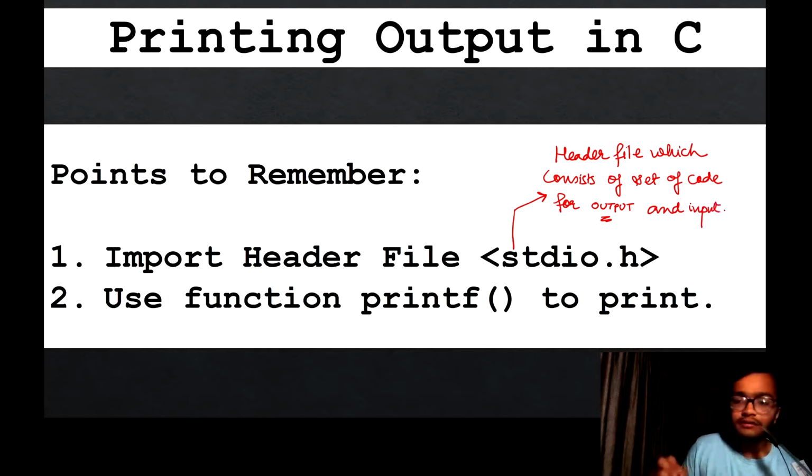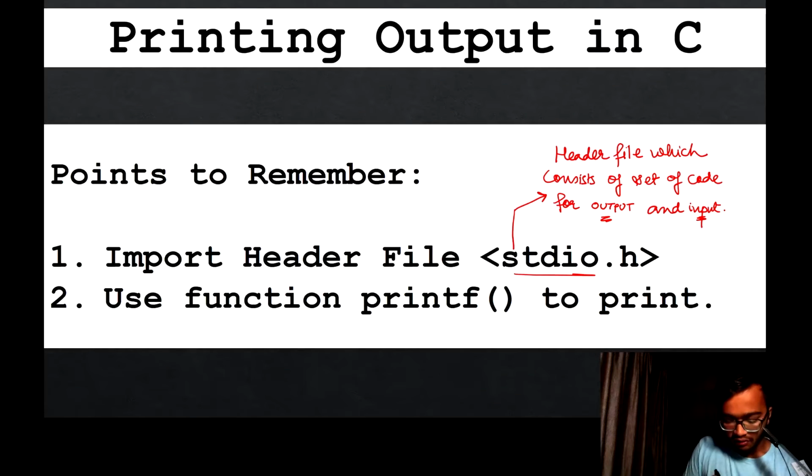When we learn how to take input in C, we are also going to import this same header file, that is stdio.h. So what is stdio.h? stdio.h is a header file which consists of a set of code which helps us to print output and also to accept input from the user.